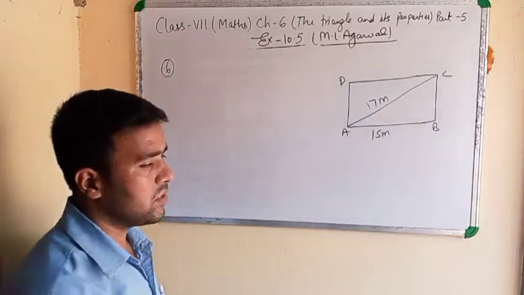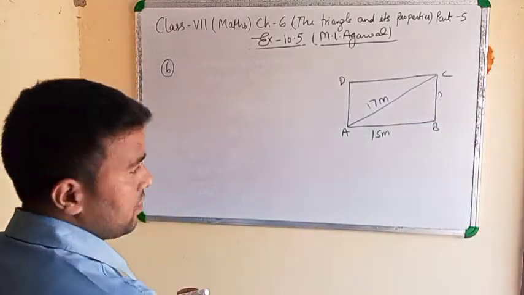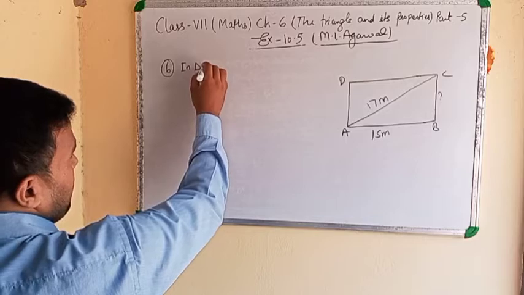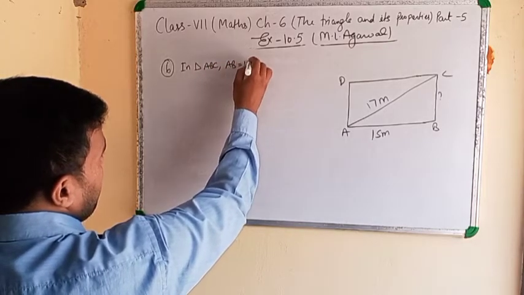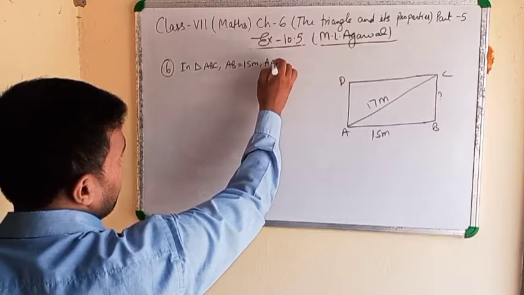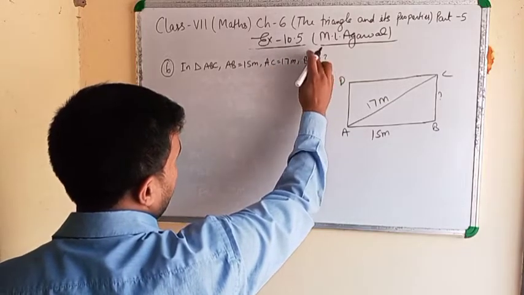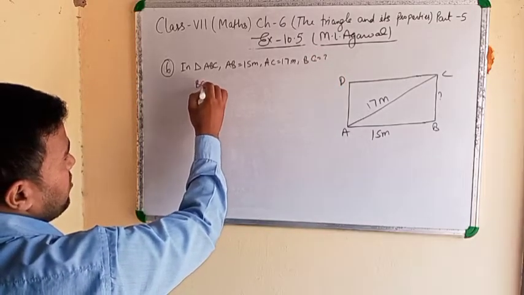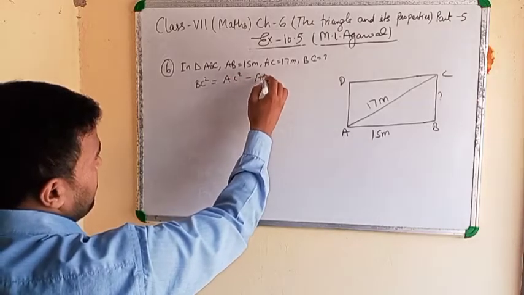Clear? So first of all we will find the value of breadth. Clear? In triangle ABC, AB equal to 15, AC equal to 17. BC square equal to AC square minus AB square.